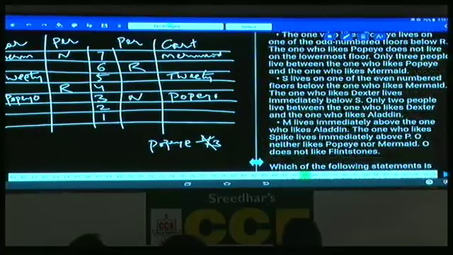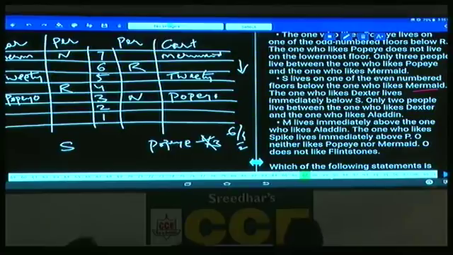Next one. S lives on one of the even number floors below the one who likes Mermaid. Hence S can be below this one. In this case, S can be 6, 4 or 2. Isn't it? Now S lives on one of the even number floors below the one who likes Mermaid.